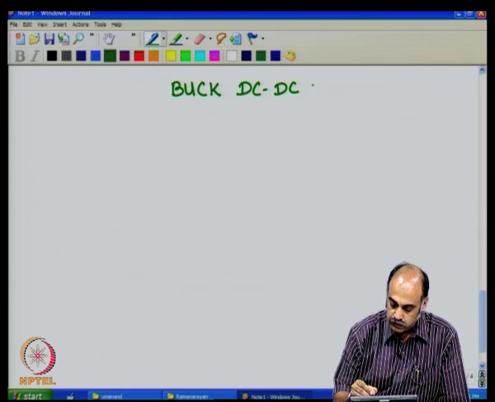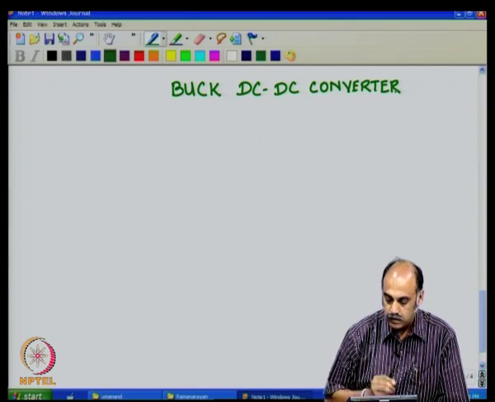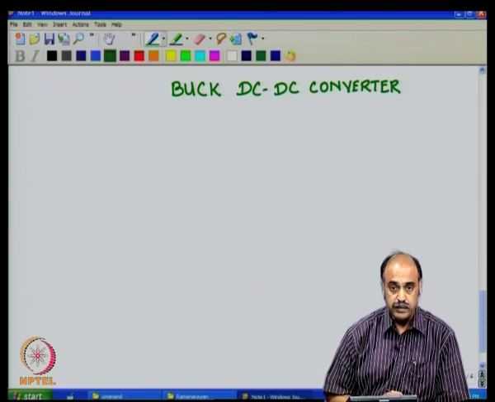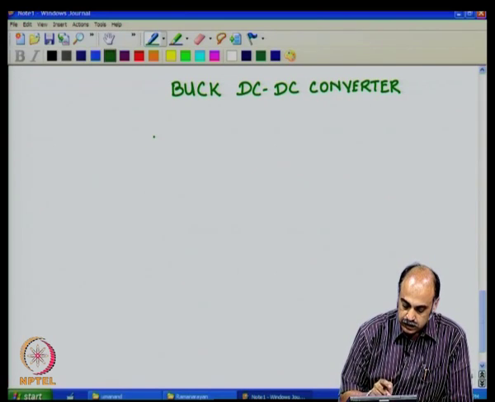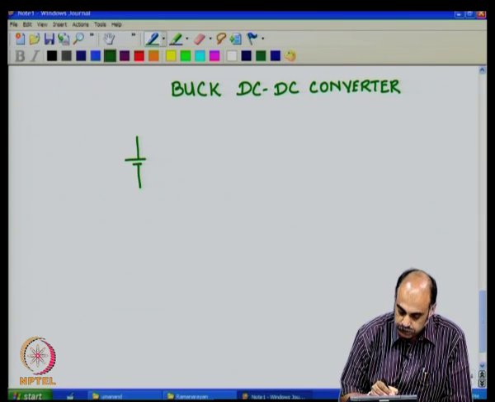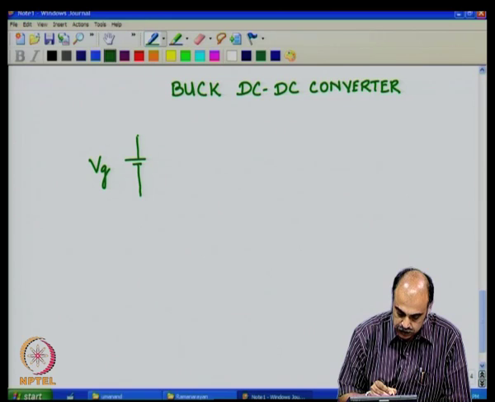You are all familiar with the topology of the buck converter when you have discussed its steady state characteristics, analyzed it, and saw how it behaves, the operating principles. So, basically if you look at the buck converter, it consists of an unregulated source VG or Vin, whichever symbol is convenient to you.